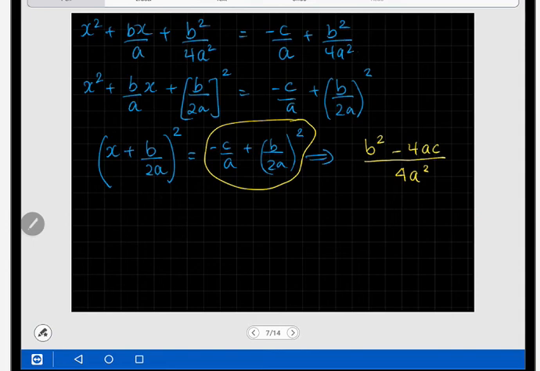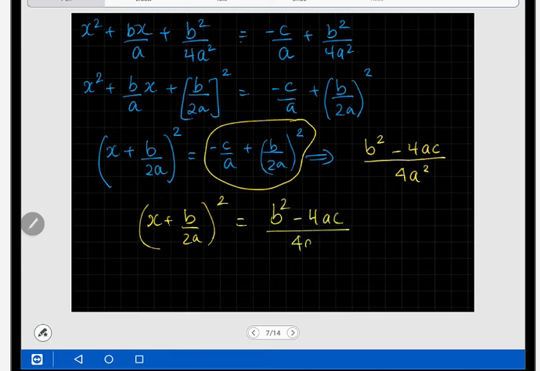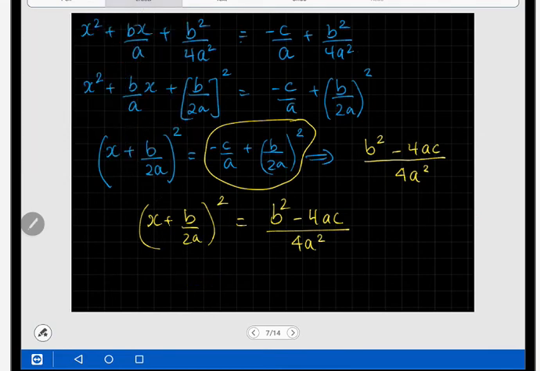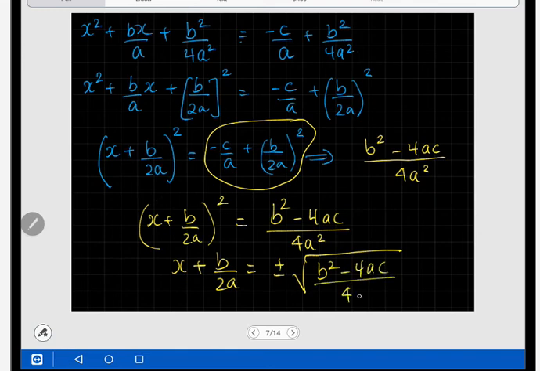Then, a number squared is equal to another number: x plus b over 2a all squared is equal to b squared minus 4ac over 4a squared. So x plus b over 2a is equal to plus or minus the square root of b squared minus 4ac divided by 4a squared.